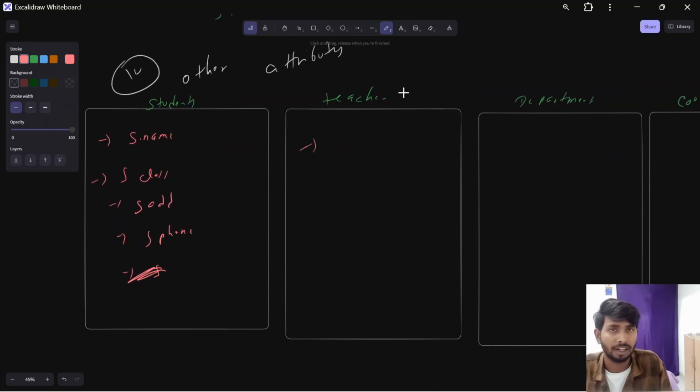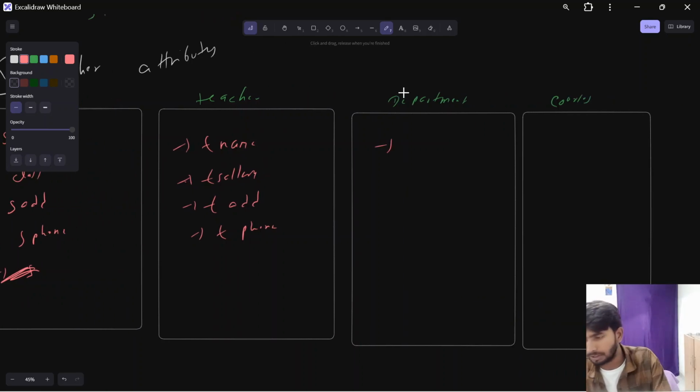For teacher: teacher ID, teacher name, teacher salary, teacher address, teacher phone number. That's it. Next, for department.